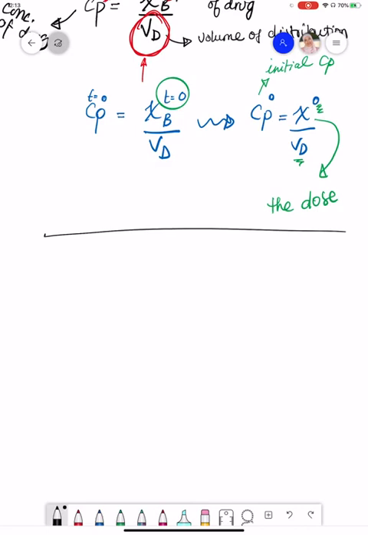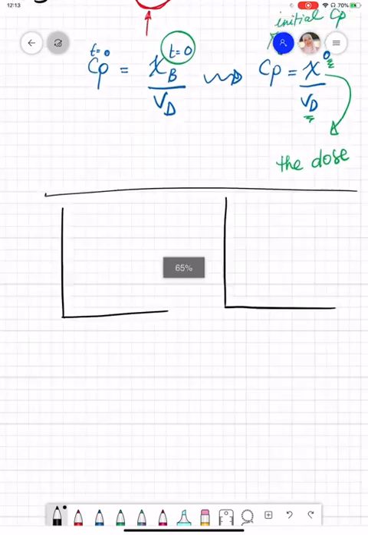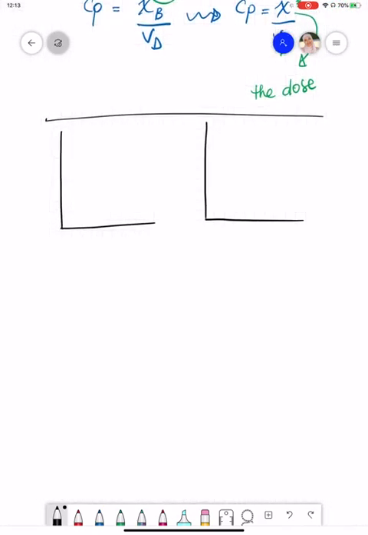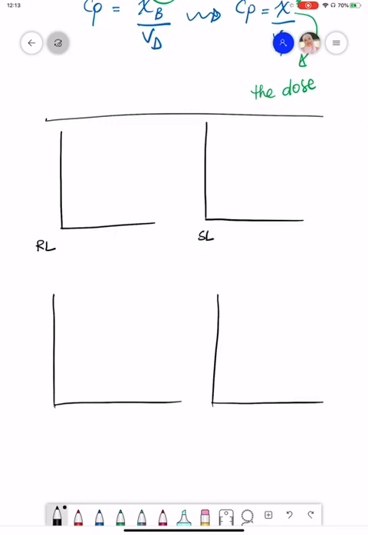Okay, so if we are talking about concentration terms, it depends on the profile, or the graph that you have your profile on. So I will have rectilinear, semilog, rectilinear, and semilog.